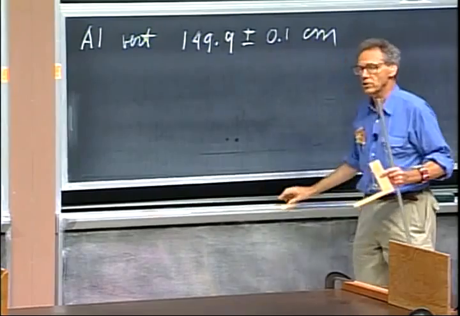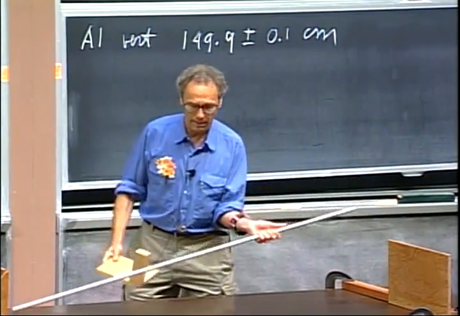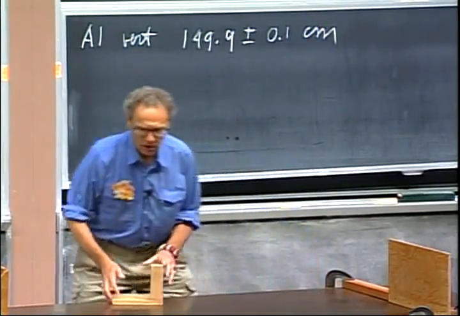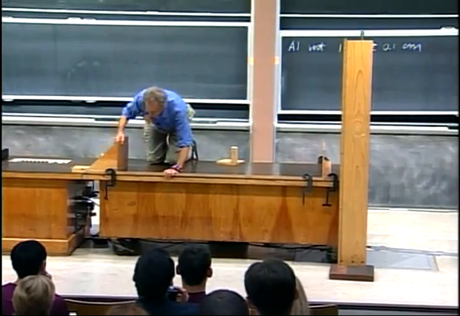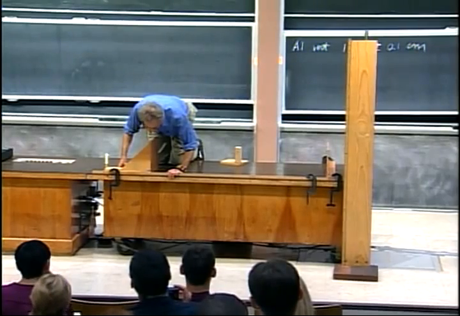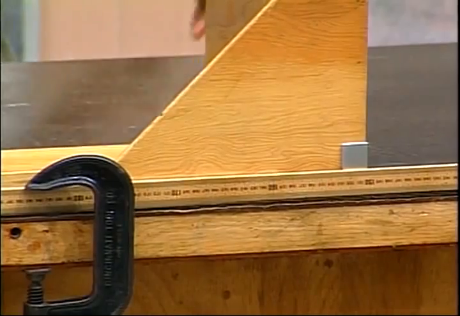I can't really guarantee you that I did it accurately any better. So that's the vertical one. Now we're going to measure the bar horizontally, for which we have a setup here. Ooh, the scale is on your side. So now I measure the length of this bar. 150.0 horizontally.